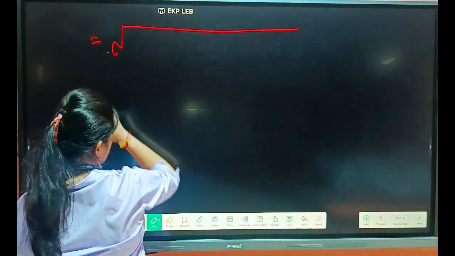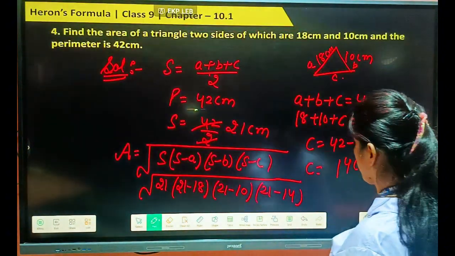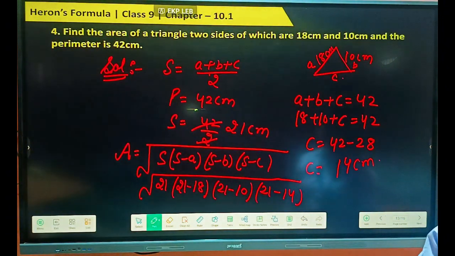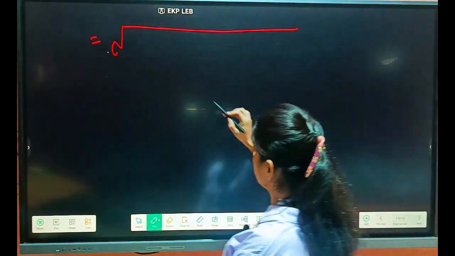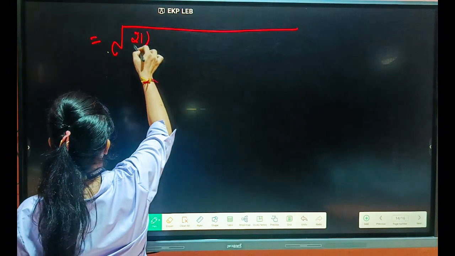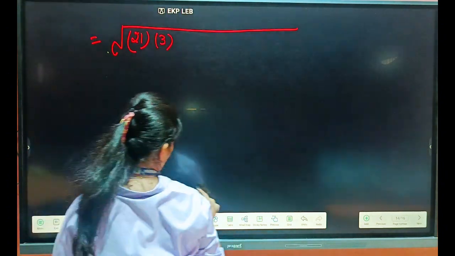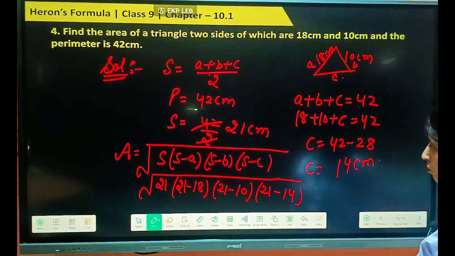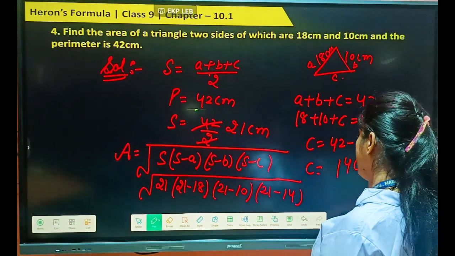What will come after that? 21 and 21 minus 18 is 3, 21 minus 10 is 11 and 21 minus 14 is 7.